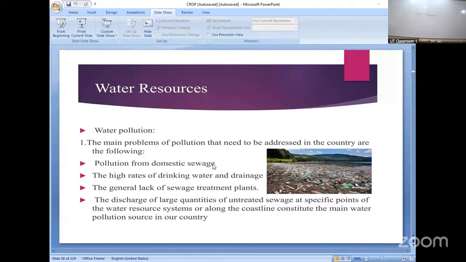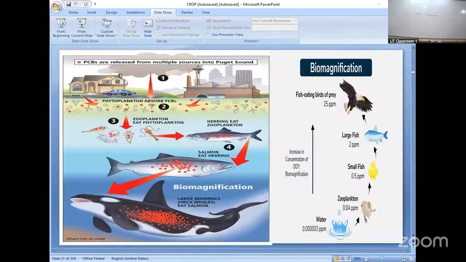Like pollution from domestic sewage, it enters into the rivers, or the drinking water and drainage systems. Then there's a general lack of sewage treatment plants, and the discharge of a large quantity of untreated sewage enters into the water resources that causes pollution.